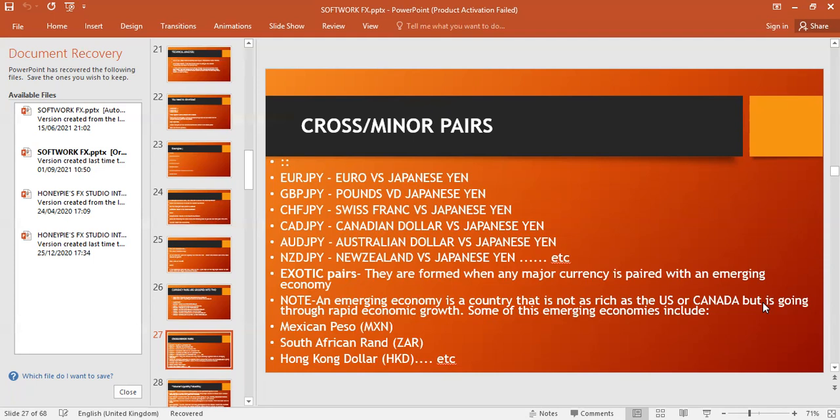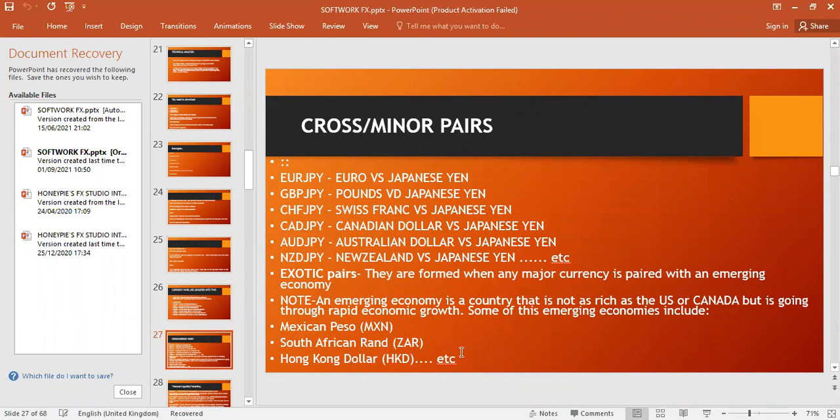Then the third one, which I'll be mentioning, is exotic pairs. They are formed when any major currency is paired with an emerging economy's currency, like the South African Rand, that's ZAR.